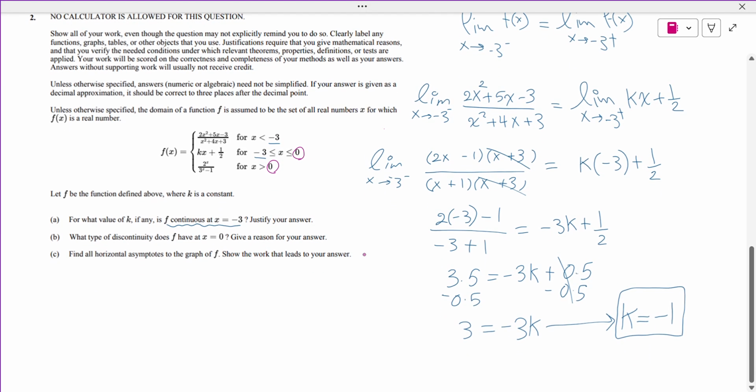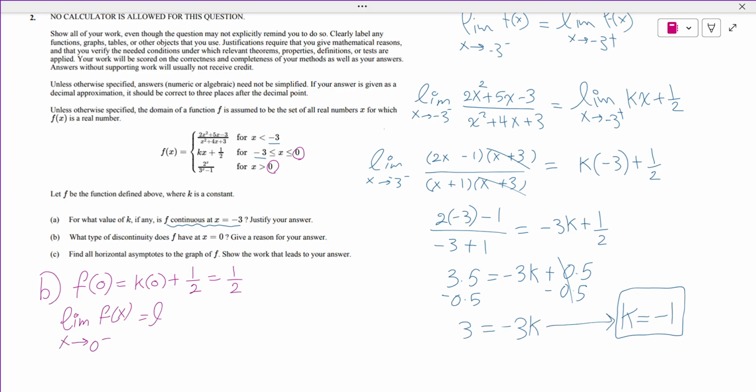So we know that for part B, f of 0 is equal to, we will use the first piece, which is k times 0 plus 1 over 2, which is 1 over 2. So we need to check the limit of f of x as x approaches 0 from the left, which is equal to the limit of, again, the same piece for the left side, kx plus 1 over 2.